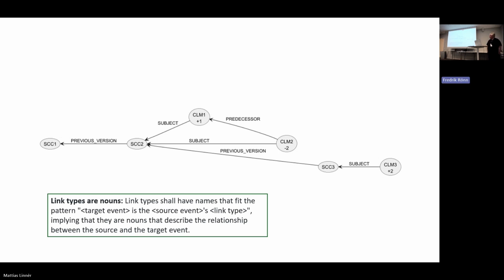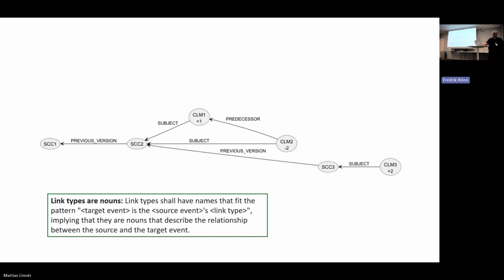So I've been thinking a little bit. The idea is to have this as a predecessor. For those that are not aware, we have this rule here that the target event is the source link type, and then the noun. So CLM1 here would be the CLM2 predecessor.